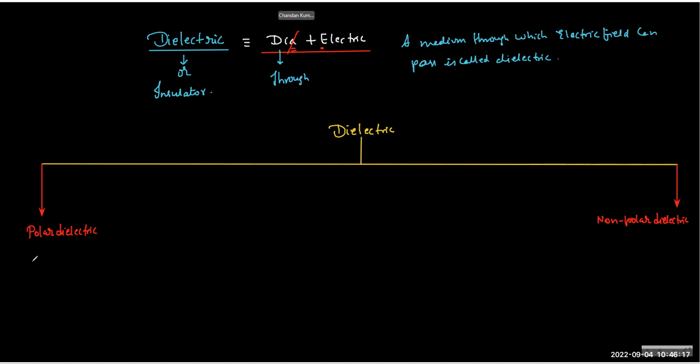What is the polar one? If you remember the dipole chapter in electrostatics, if a molecule has a non-zero dipole moment, and a medium is comprised of such molecules, every molecule will have a dipole moment. But in the medium, these dipoles are randomly oriented.